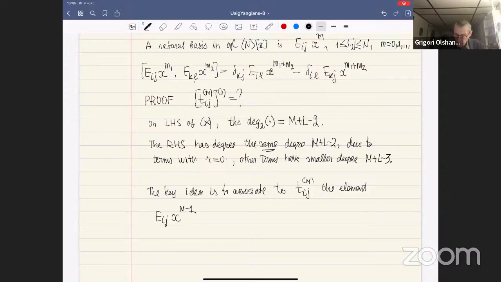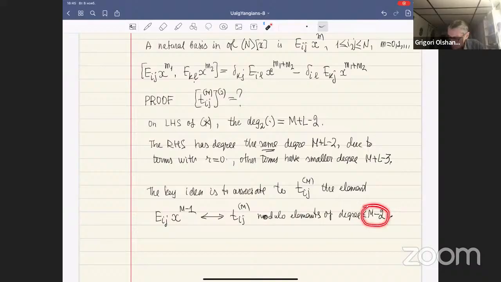So one can say that this corresponds to this modulo elements of lower degree; the degree of this element is m minus 1. So we neglect the terms of degree m minus 2 and smaller.